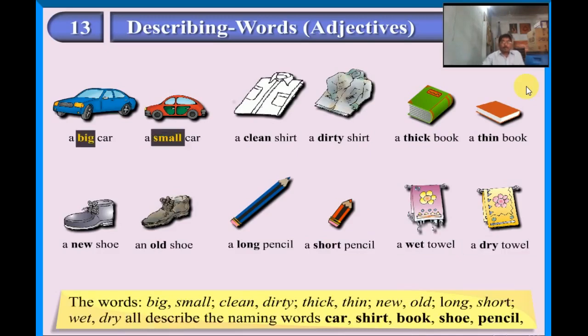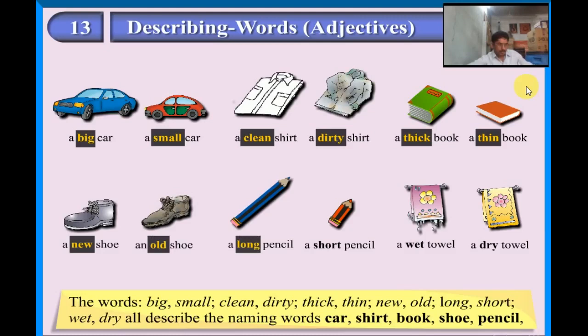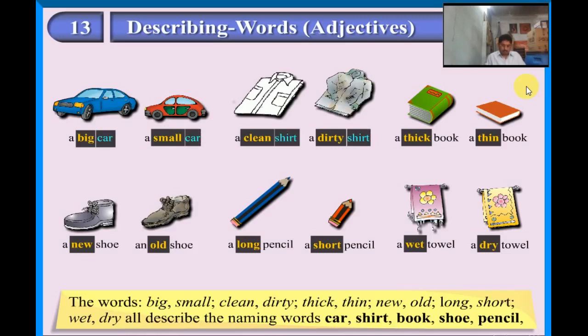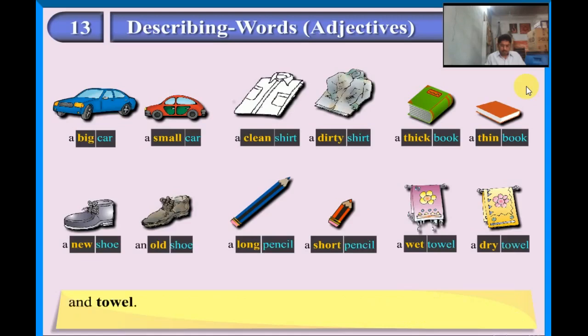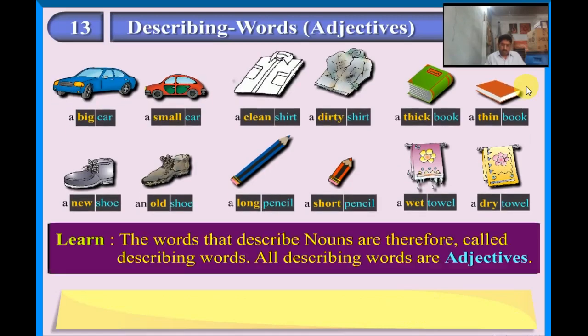The words big, small, clean, dirty, thick, thin, new, old, long, short, wet, dry all describe the naming words car, shirt, book, shoe, pencil and towel. Learn: the words that describe nouns are therefore called describing words.